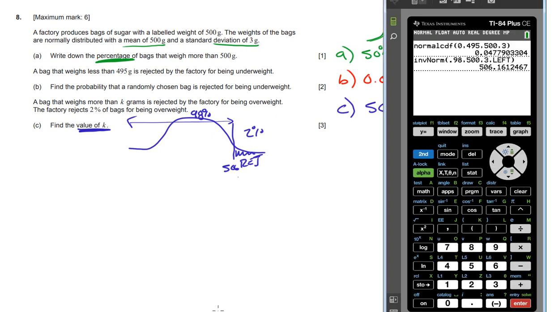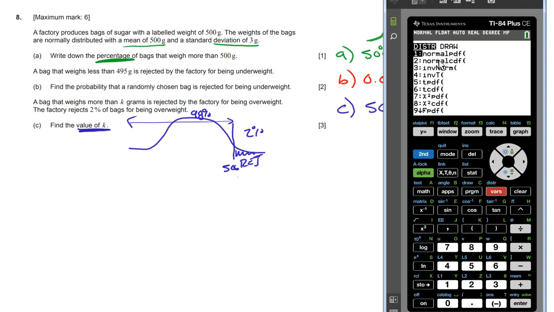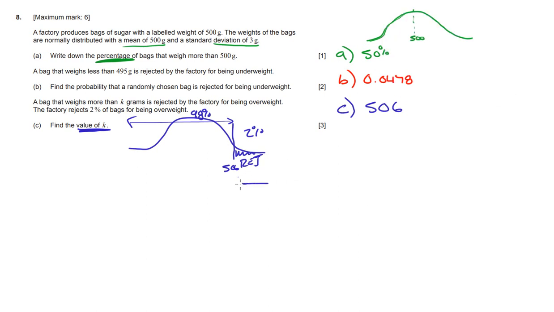Okay? Now, if that all made sense, call it good. You can skip to the next problem. I'm going to really quickly show you how to do it the other way as well. So we go back to inverse normal, and this calculator will allow us to go from the right.